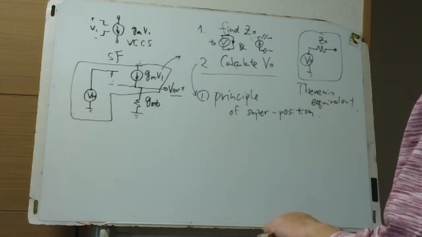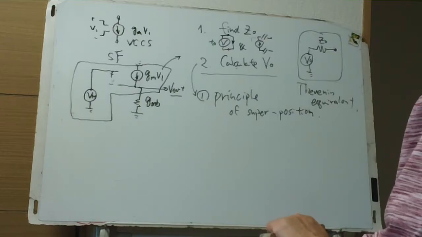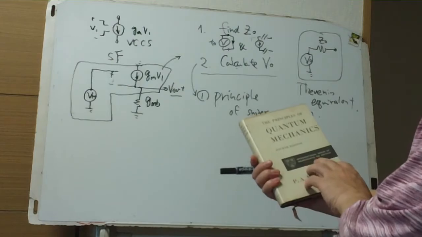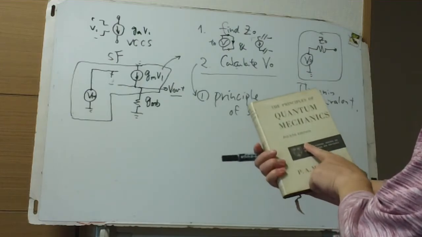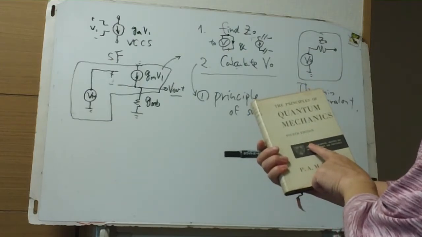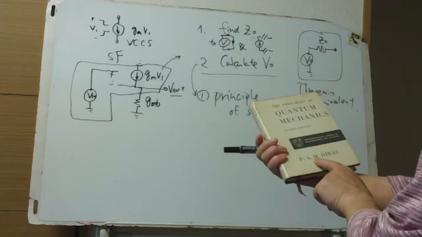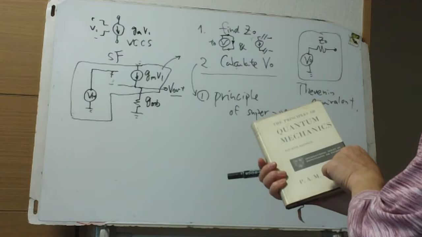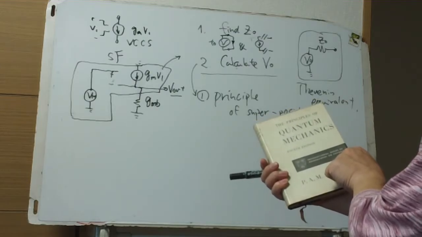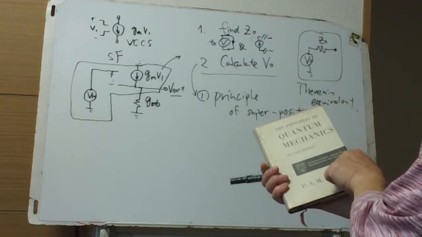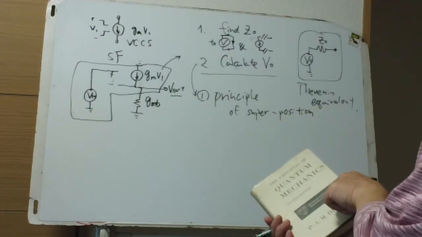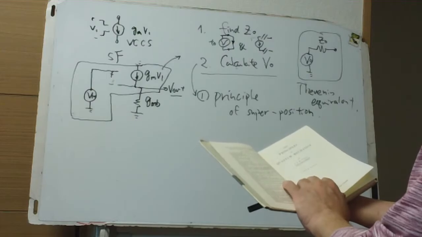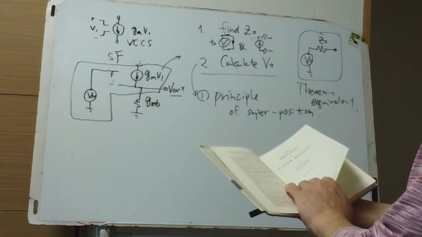The time I first met this word is in this book, The Principles of Quantum Mechanics, 4th edition by P. M. Dirac. This is a famous introductory textbook written by Dirac.